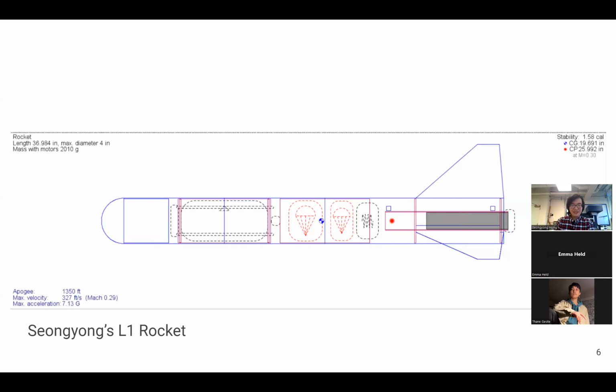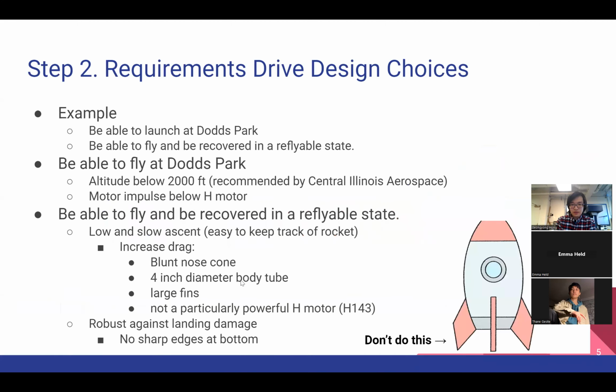I also just had questions about which motor I should be looking at for OpenRocket. Sure. I didn't include it in this slide because I thought it would be too much information at once.